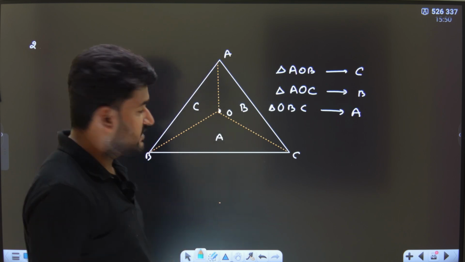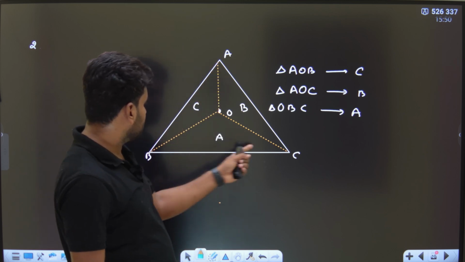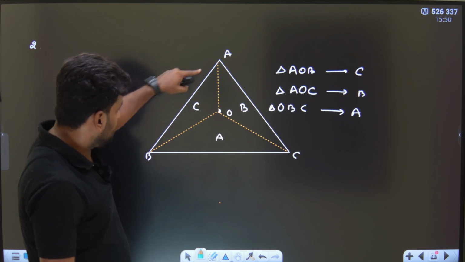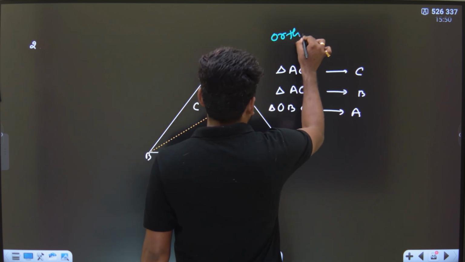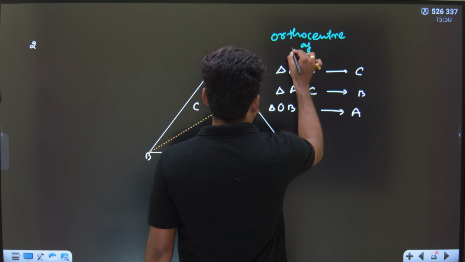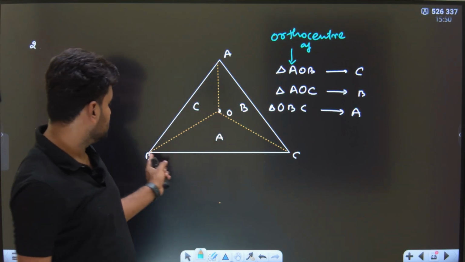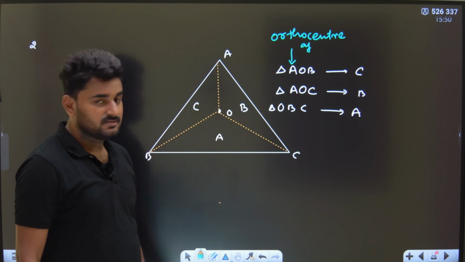Second, if there is a triangle ABC whose orthocenter is O, then the orthocenters of triangle AOB, triangle AOC and triangle OBC will be C, B and A respectively.